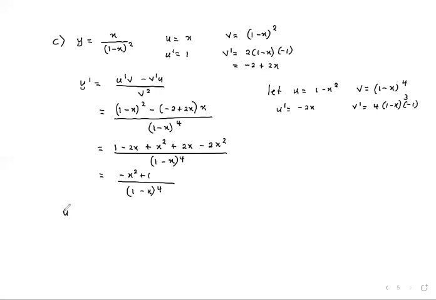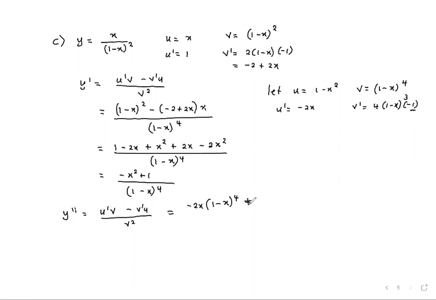So to get the second derivative, we have u prime v minus v prime u over v squared. u prime is negative 2x, v is 1 minus x to the power 4, minus, so it will be plus because of the minus that is there.